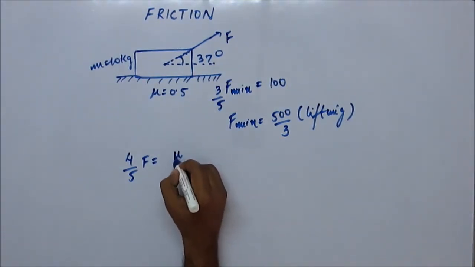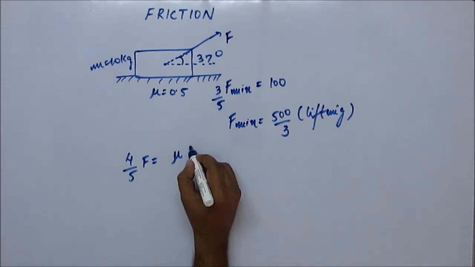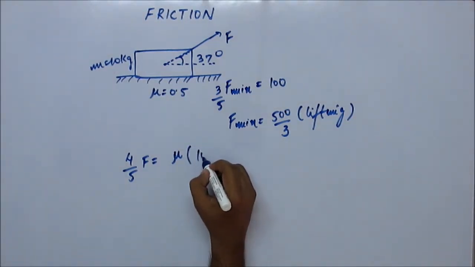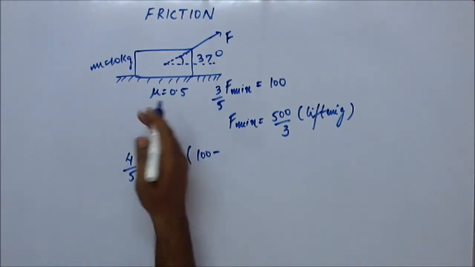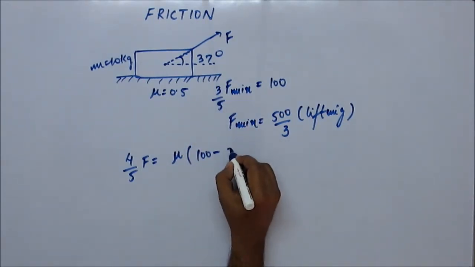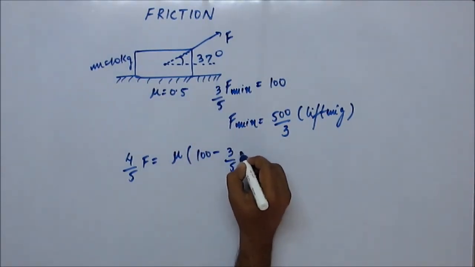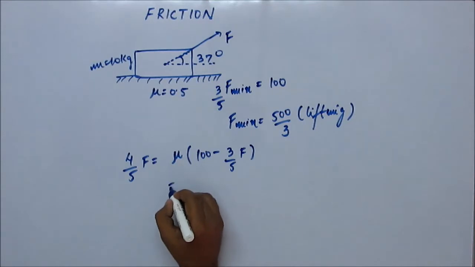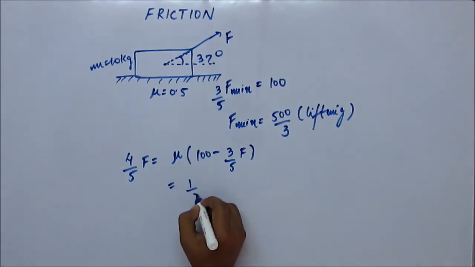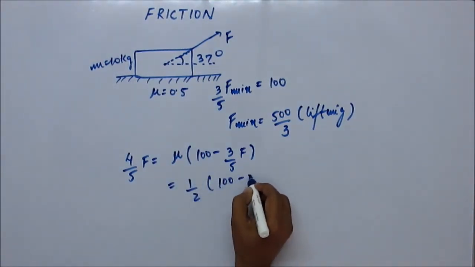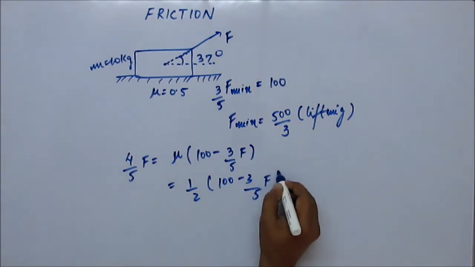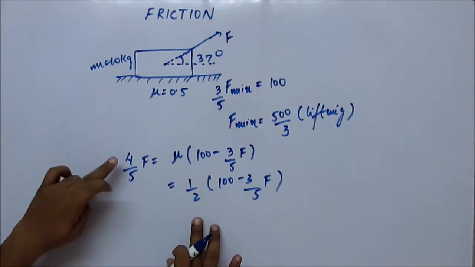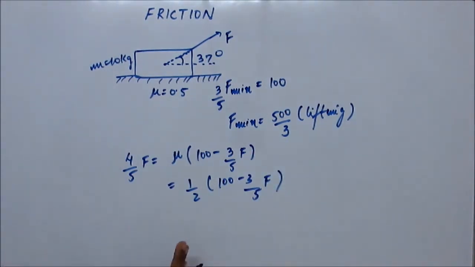Friction force is mu times normal reaction, and normal reaction would be mg minus the vertical component of this force, that is 3 by 5 F. Now mu is given as half. So from here you would get 4 by 5 F plus 3 by 10 F, that is 11 by 10 F, equal to 50, so F is 500 upon 11.